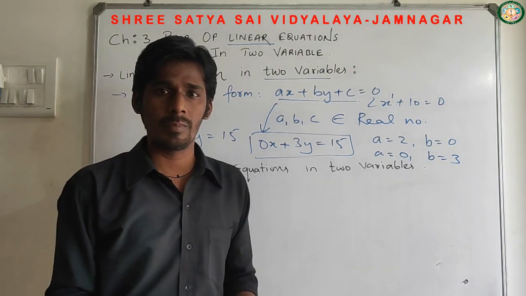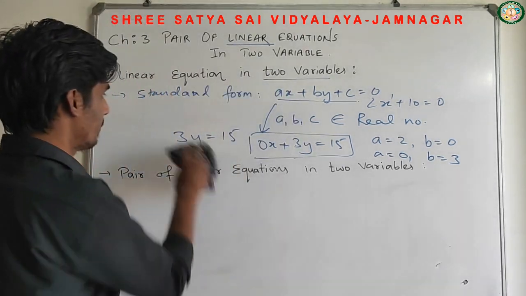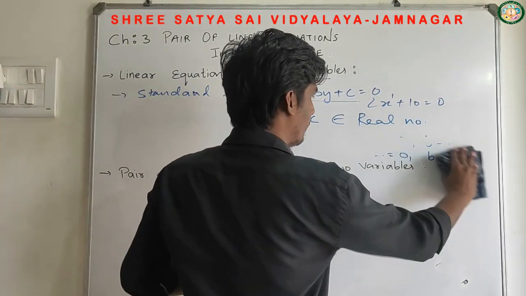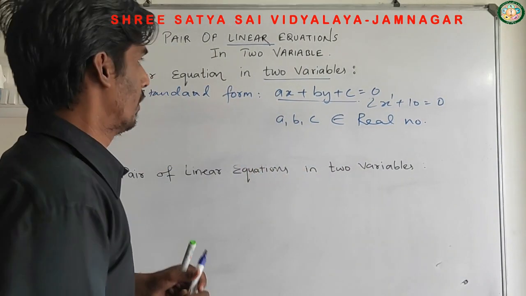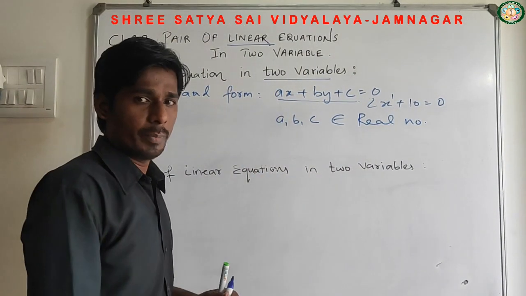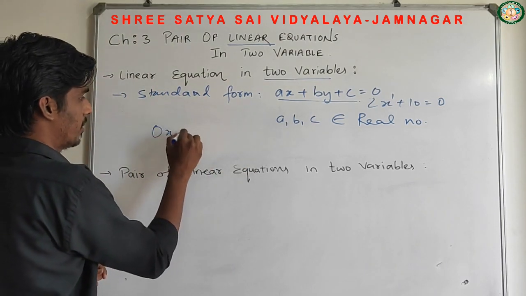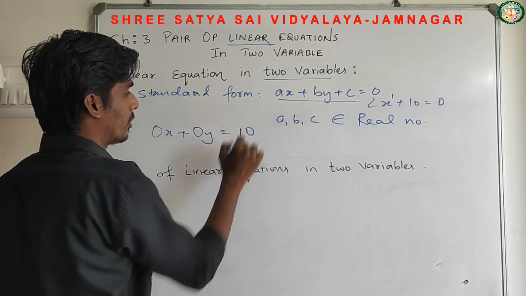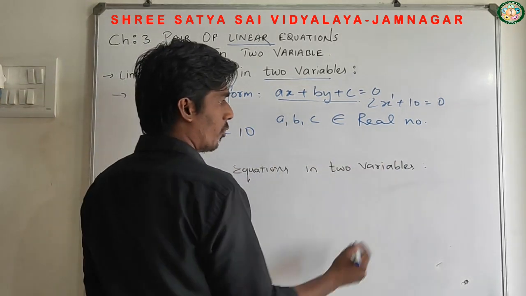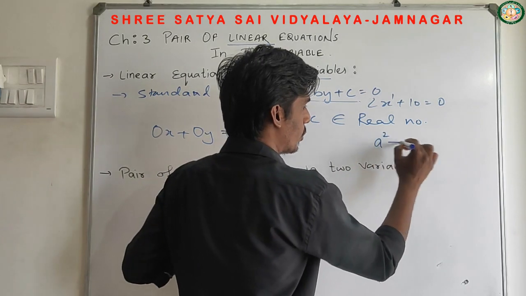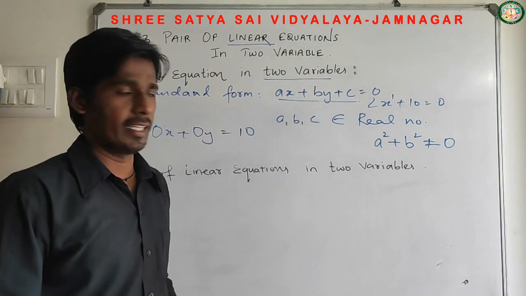It is never possible that a and b are both 0. What does it mean? For the given standard form, in the equation a and b cannot both be 0. It will never be like this: 0x plus 0y equals 10. This will never happen. So I can write one more condition here: a square plus b square is never equal to 0.